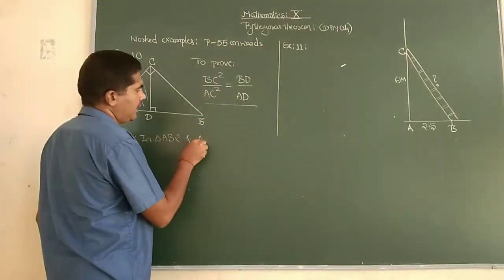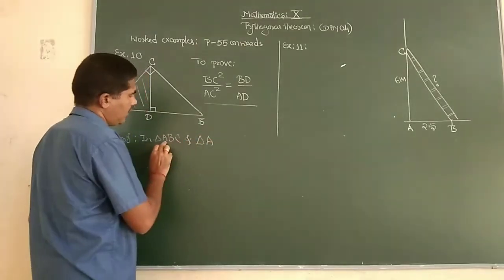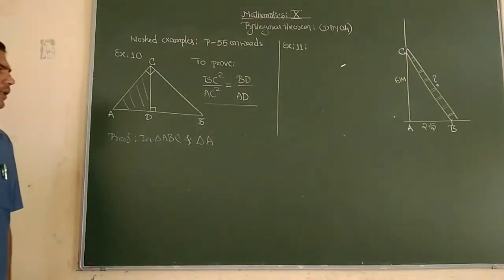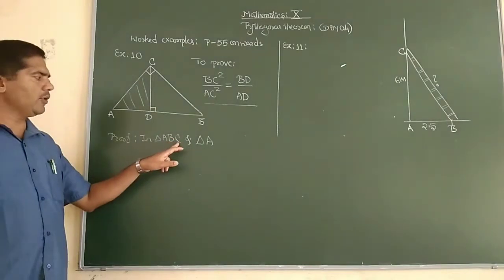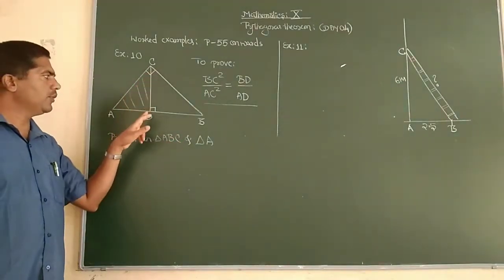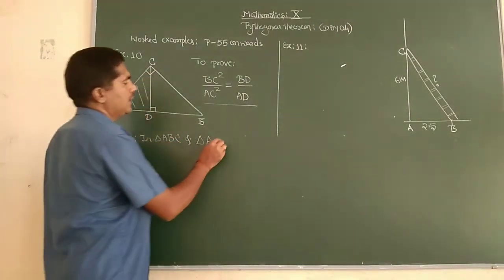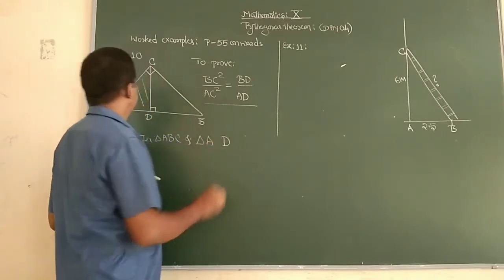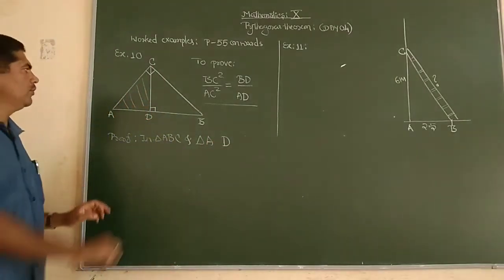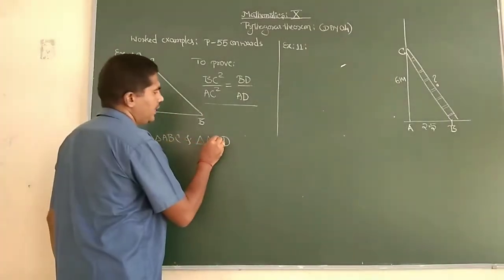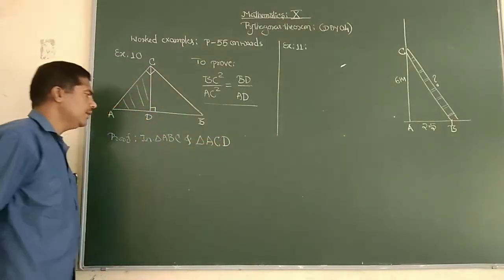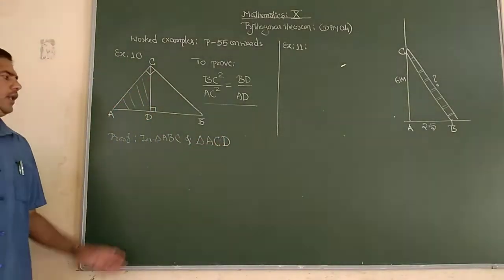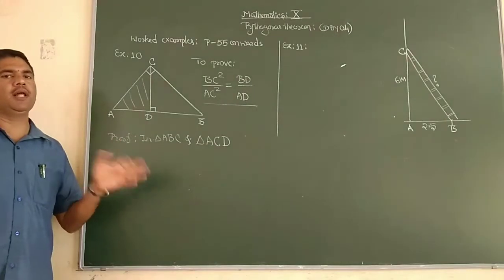So, A will come first. Here also A is first. Then, C has come last, 90 degree. So, 90 degree D should come at the end. So, put D. What is remaining? So, it has become ACD. So, take these two triangles and prove they are similar.